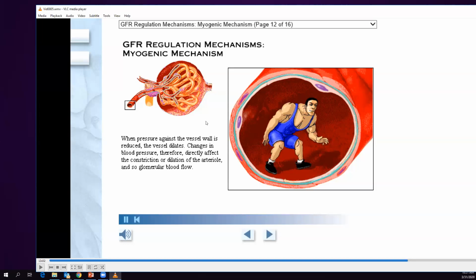So in question number 9, two mechanisms that provide autoregulatory control over renal processes include A, this myogenic mechanism.